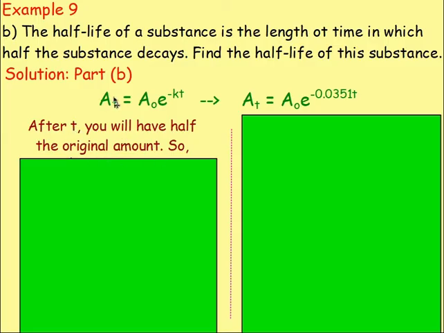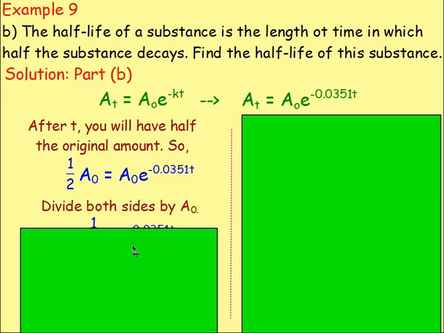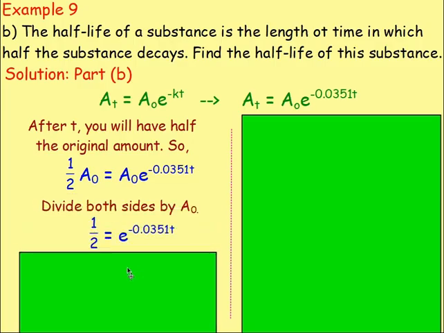A naught is what we have originally, so we're going to have half of A naught. So replace A(t) with a half A naught. Again, we need to work out this value of t. We have A naught on both sides, so first of all we'll divide both sides by A naught. Doing that, we have a half equals e to the power of negative 0.0351t.